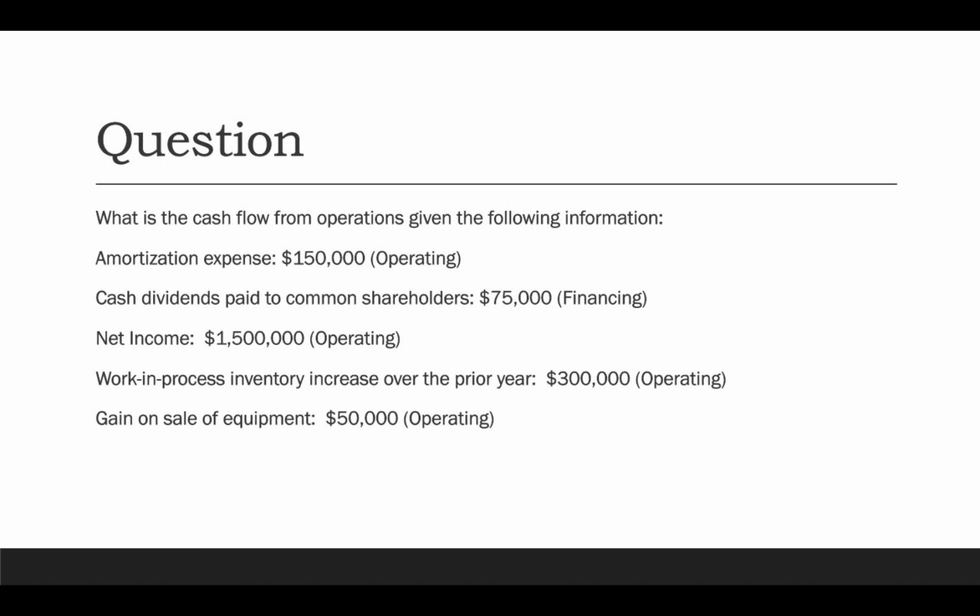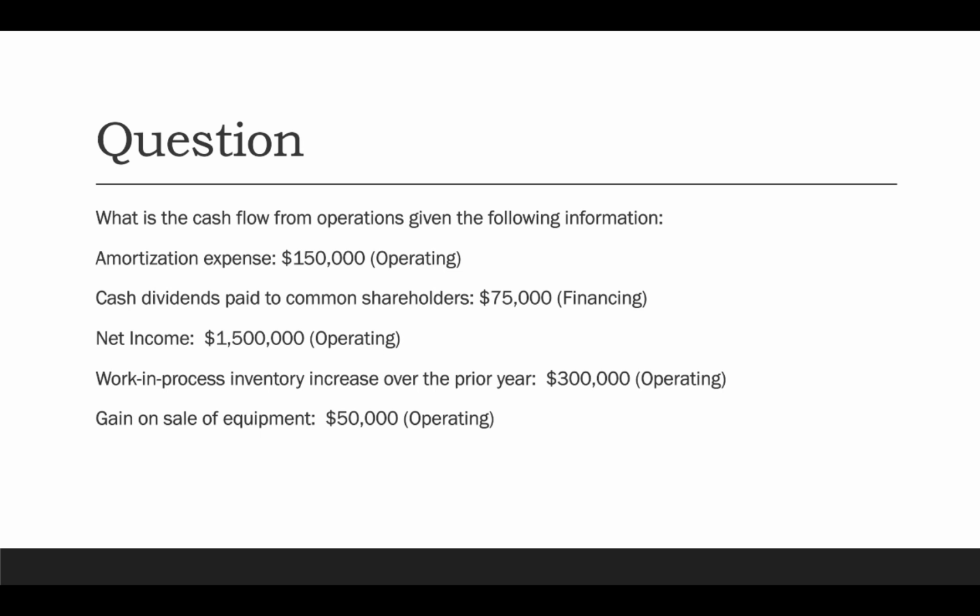We're not told the sales price, we're told the gain, and the gain again is the sales price minus the book value. If we sell it for more than the book value, we have to record that gain so that we pay taxes on that gain. So our net income went up, but cash flow related to that is not necessarily $50,000 because we don't know the sales price.